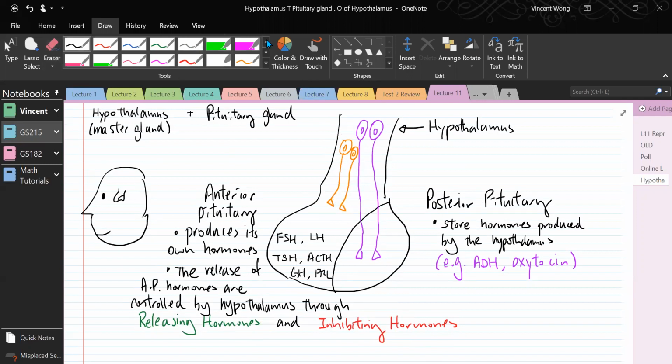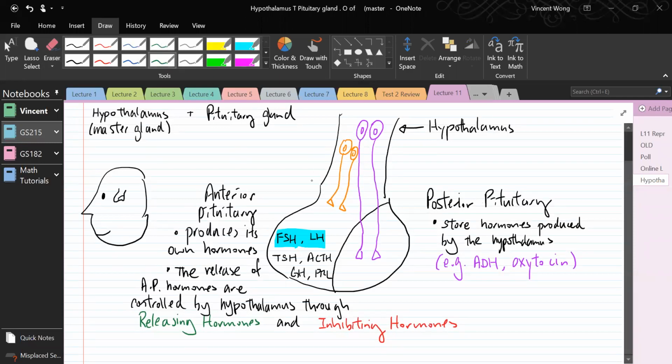So for example, if we're talking about FSH and LH, the release of FSH and LH is controlled by a releasing hormone called GnRH, gonadotropin releasing hormone.